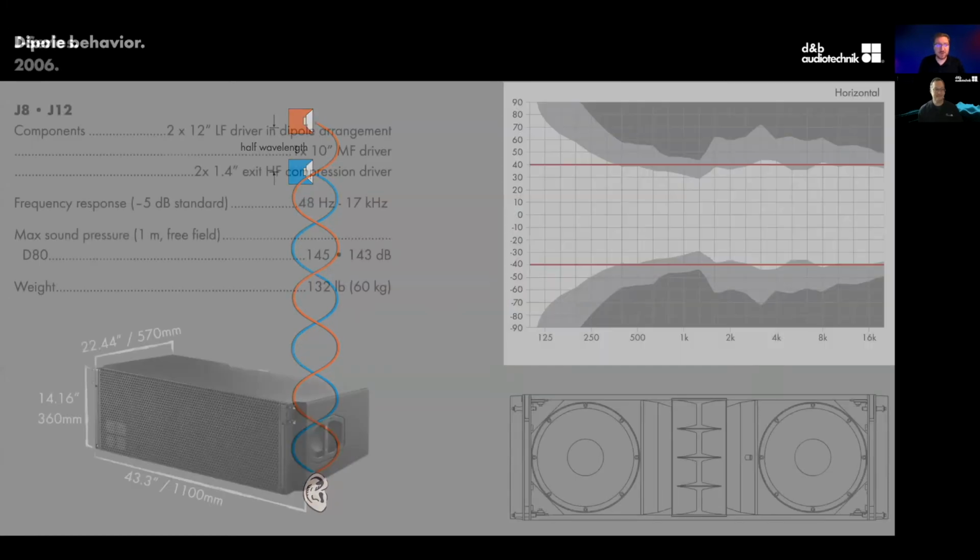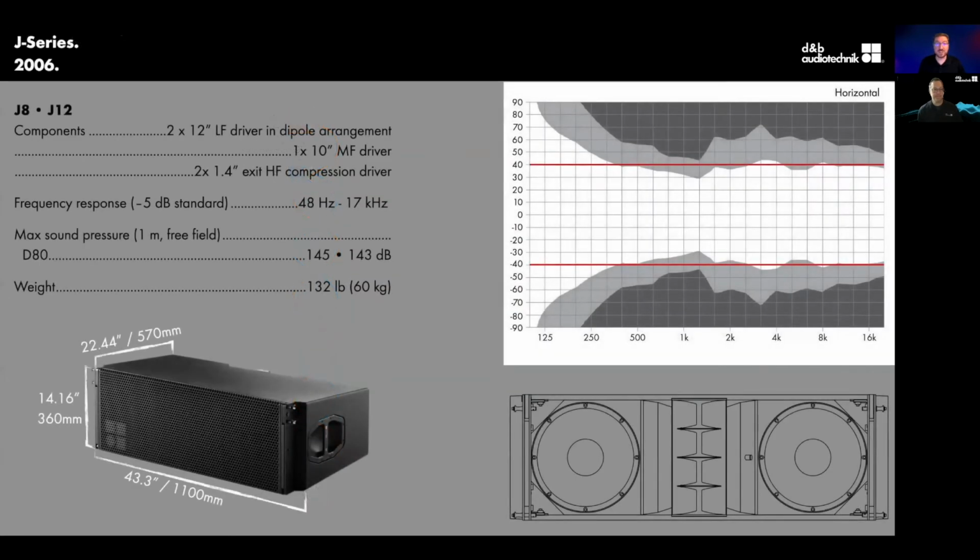And that was the creation of the J series, which at the time was the standout line array system, and to a degree still is an excellent, excellent system. But we'll be talking about something that I don't want to say replaces it, but there are definite improvements.